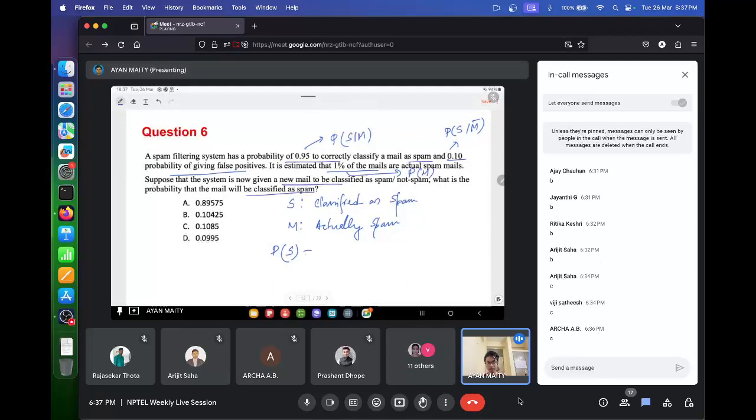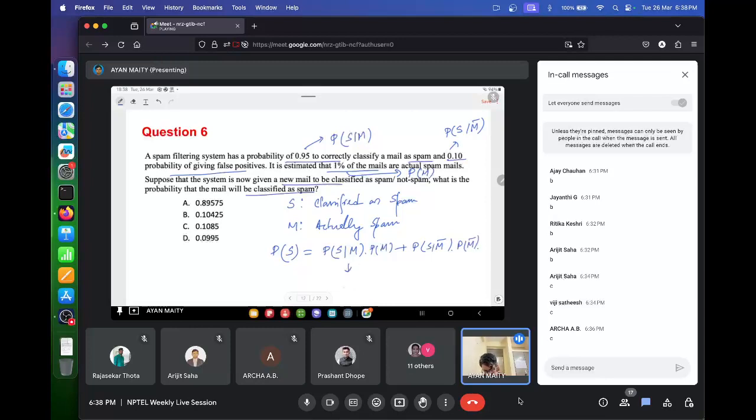So to find out probability of S, we can use the total probability theorem, which is probability of S given M into probability of M plus probability of S given M complement into probability of M complement.